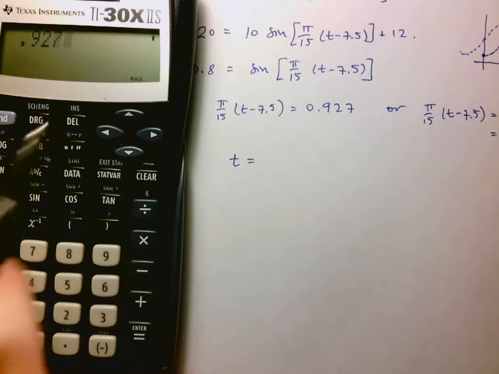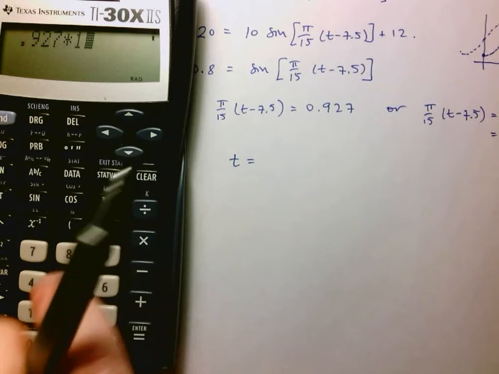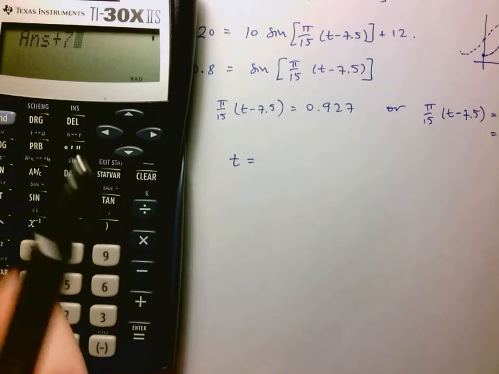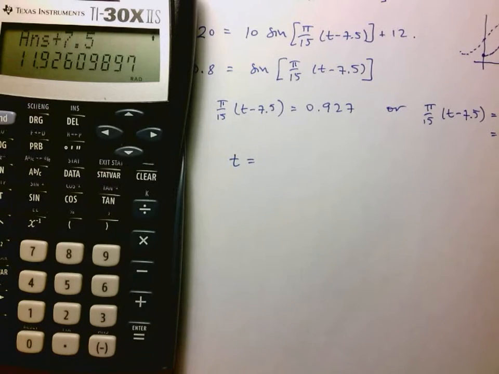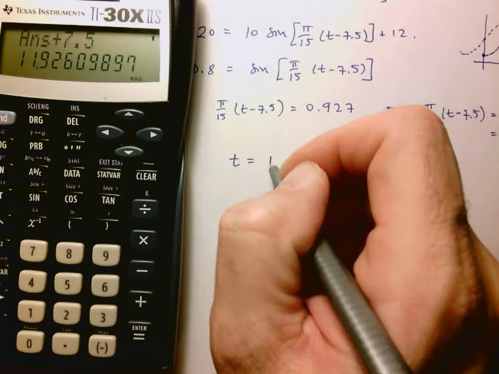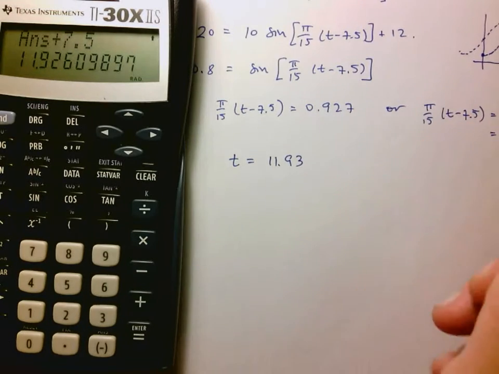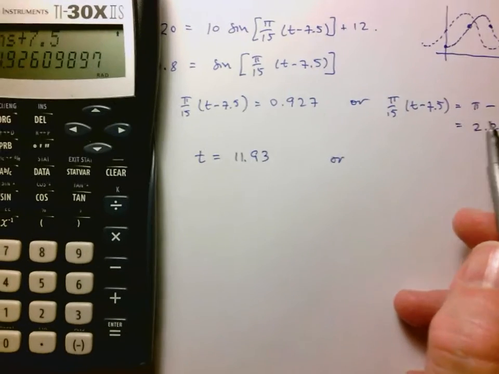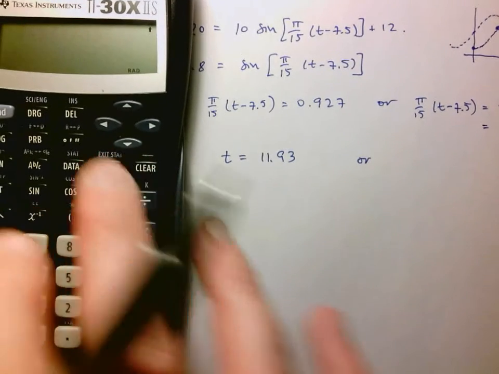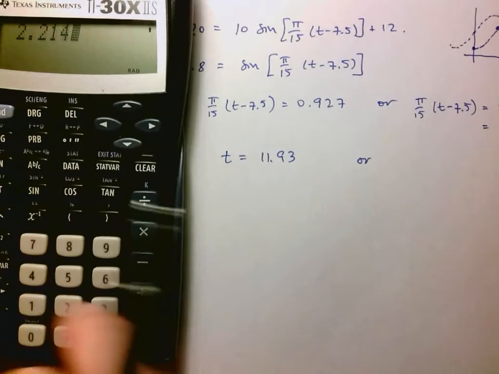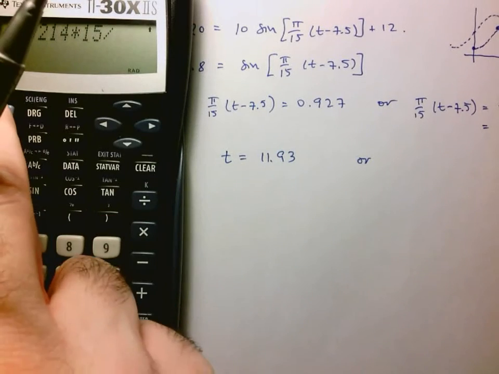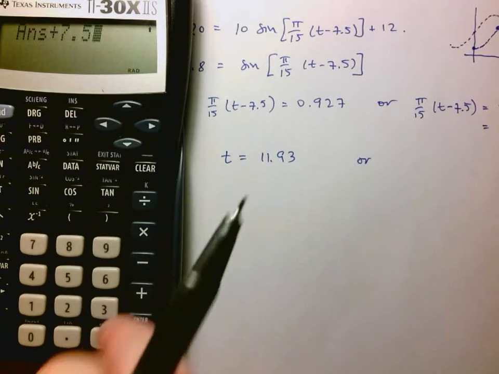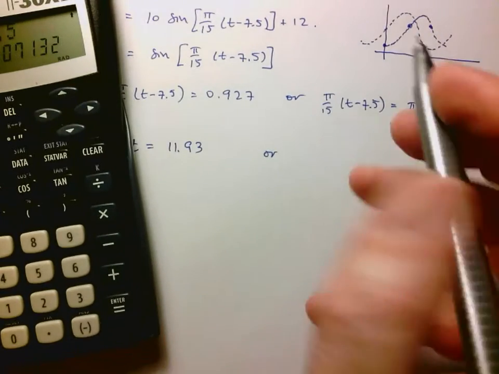So first I'll multiply 0.927 by 15, divide by pi, and then add to that 7.5. So my first answer is 11.93. Or do the same thing with the other one here. We've got 2.214 times 15 divided by pi, and add 7.5, and we have 18.07.